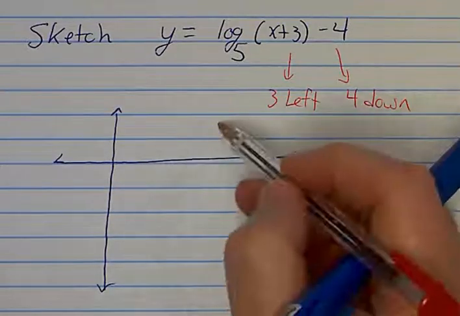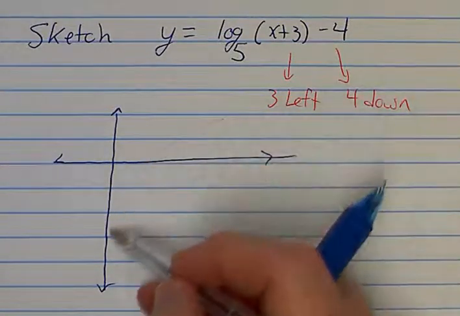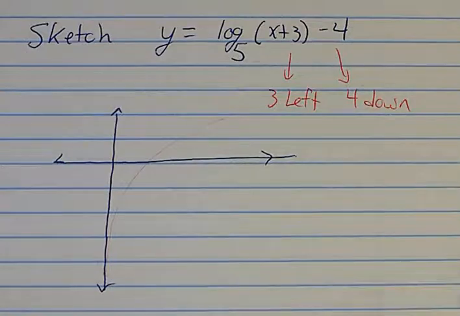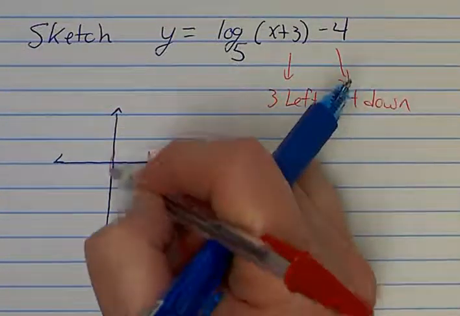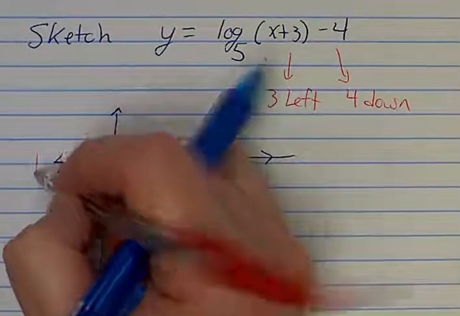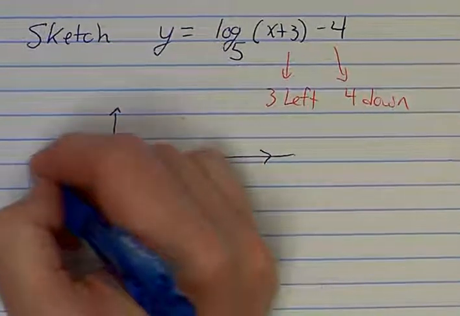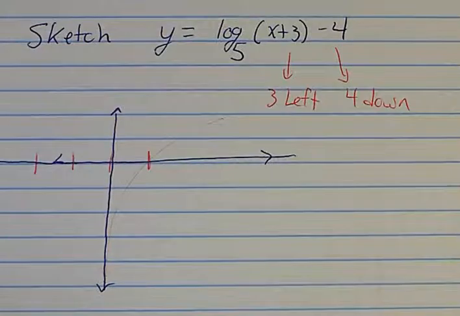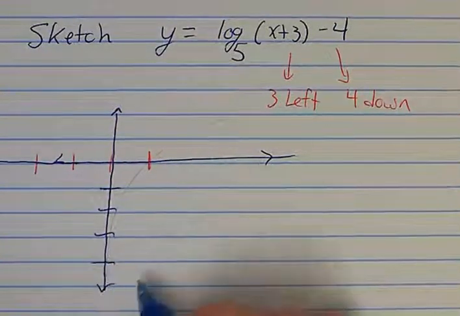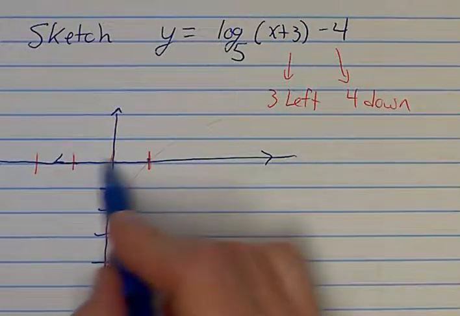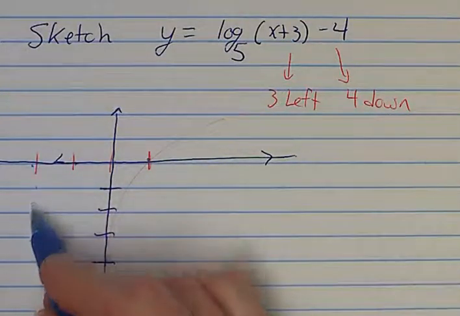And normally we would start with a graph like this. But we're going to take this graph that would start here. We're going to go 3 spaces to the left. So there's 1, 2, 3. Let's stretch out a little bit more. And then we're going to go down 4 spaces. 1, 2, 3, 4. So starting here, go back 1, 2, 3, and down 1, 2, 3, 4.